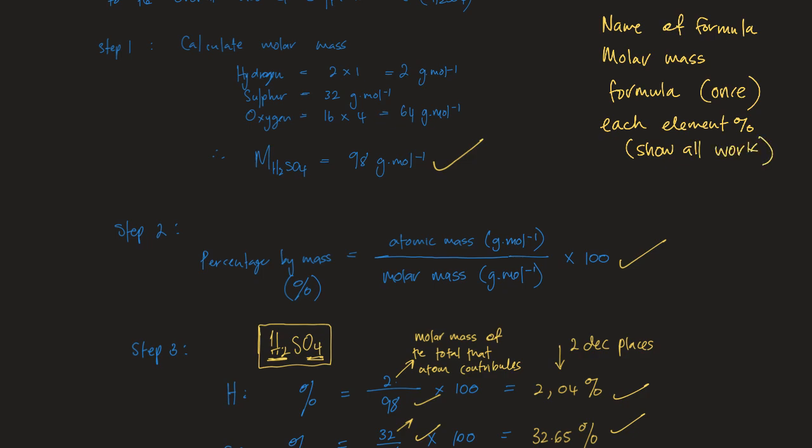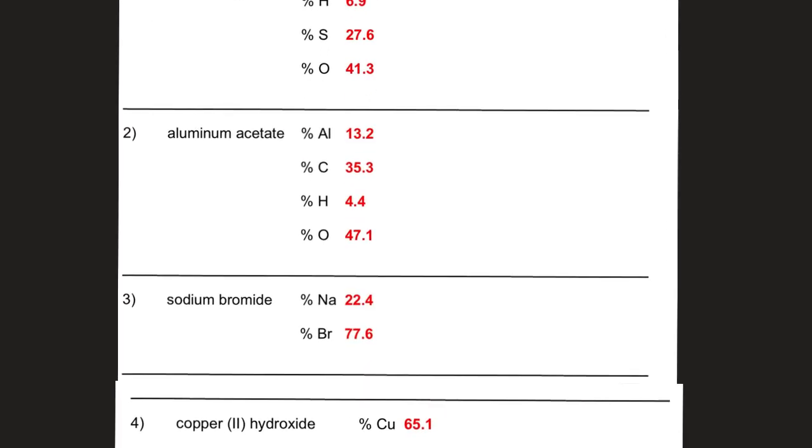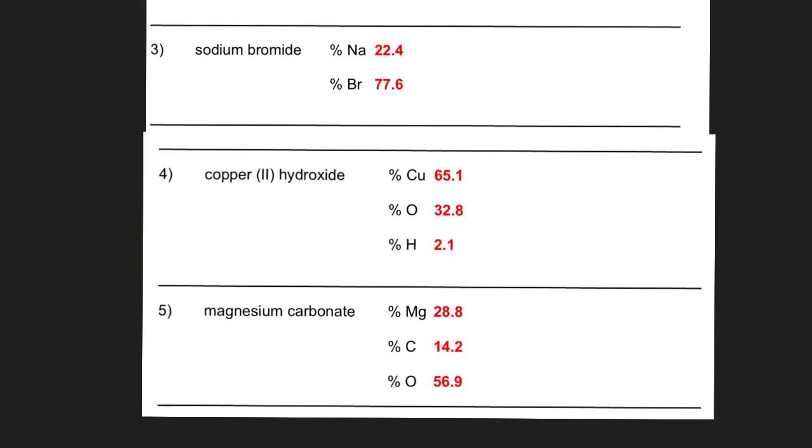Okay? And then the last thing you need to do is your check, for all 5 examples. You need to check if your answers correlate with that. So 1, 2, 3, 4, 5 steps for 5 examples. Again, ammonium sulfide, aluminium acetate, sodium bromide, copper hydroxide, magnesium carbonate.